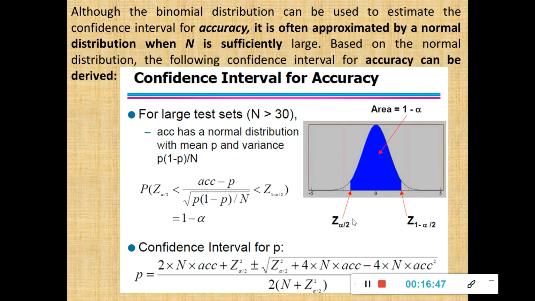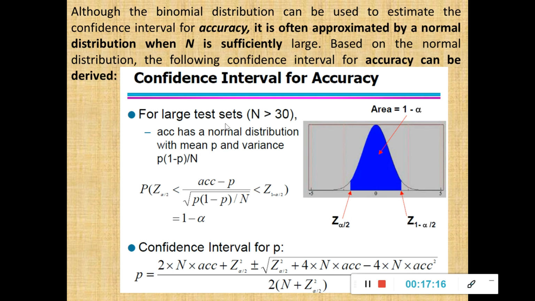As the name indicates, it is an interval, from the lower bound to the upper bound. So z alpha by 2 and z 1 minus alpha by 2 indicate the lower bound as well as the upper bound for the confidence interval, starting from the minimum value to the maximum value.